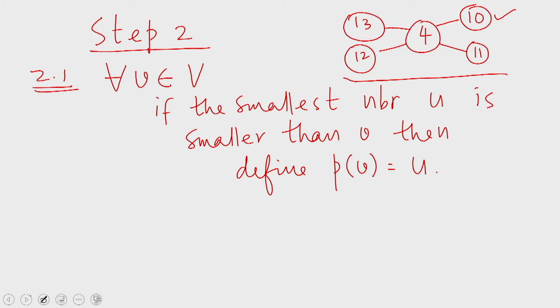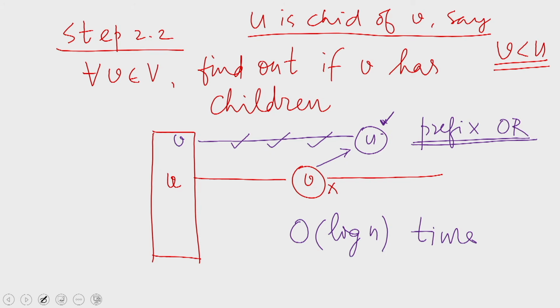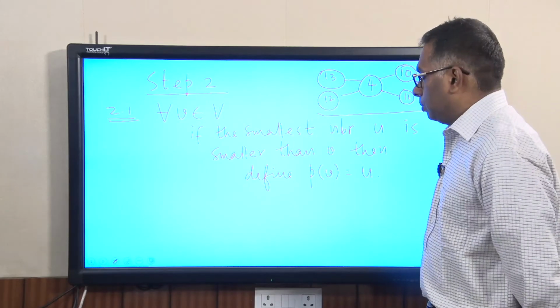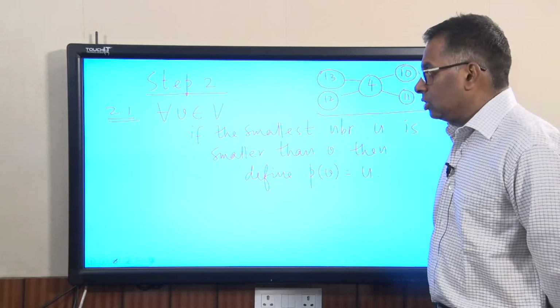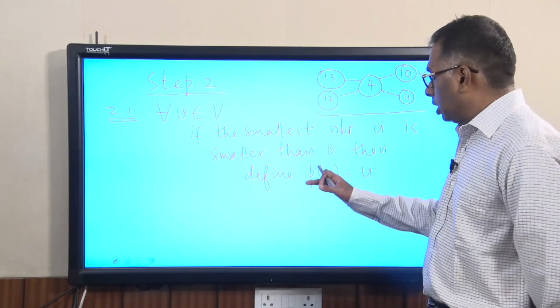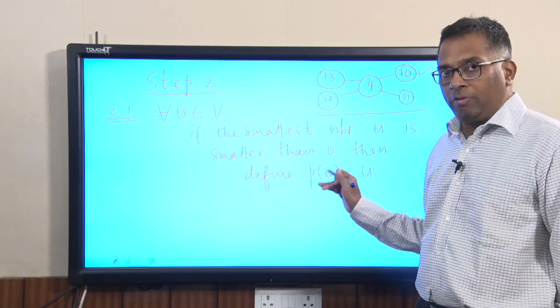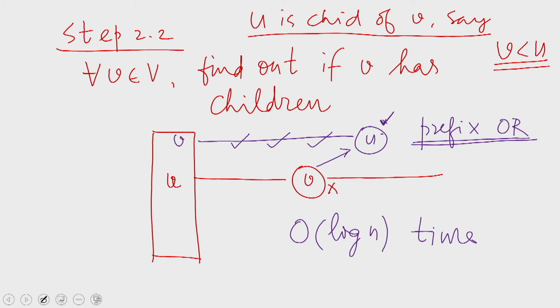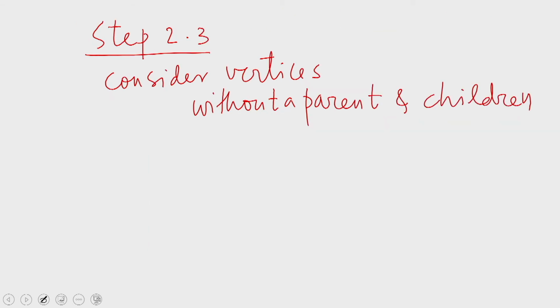Then in step 2 2, we checked if a vertex has children. In particular, all local minima that were left out in step 2 1 now discover whether they have children or not. So those who fail in the second step 2, that is, in step 1 the local minima all fail to get parents. In step 2 2, some of them fail to get children too, that is, some of them discover that they are without children. So at this point, at the beginning of step 2 3, we have these vertices that are local minima and are without children.